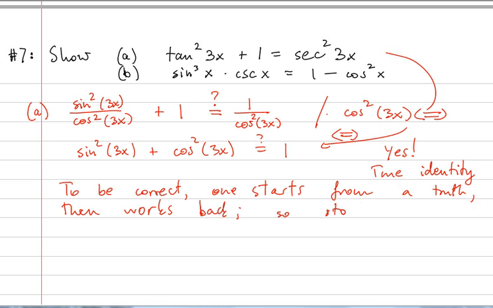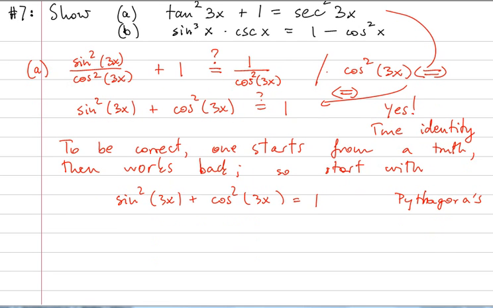So start by saying sine squared of 3x plus cos squared of 3x equals 1. This is true because this is Pythagoras' theorem, and it's the fundamental identity of the trigonometric functions.